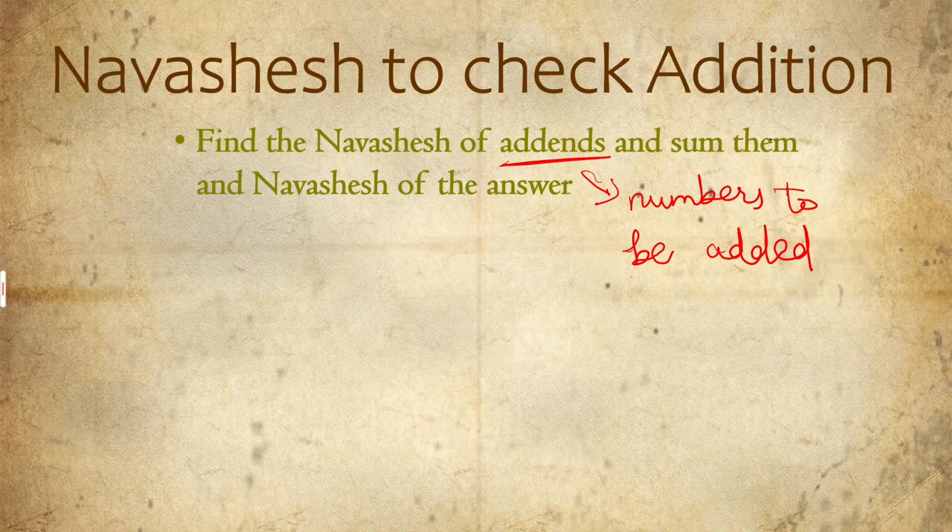Once we find those Navasheshas, we're going to sum them, right? We're going to add their sum, and then we're going to find the Navashesh of that sum as well, right? So we get the Navashesh of the addends, and then we're going to find the Navashesh of the answer, which is the final answer that you're getting.